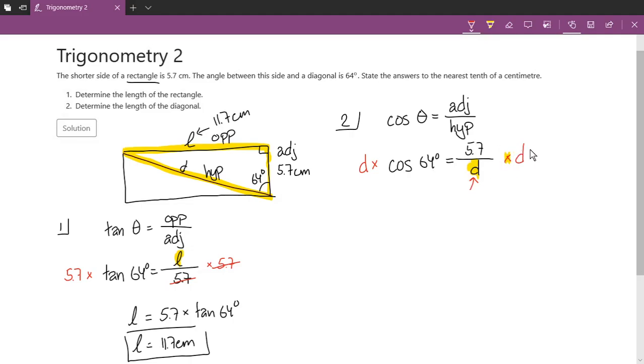On the right-hand side, D divided by D just cancels, and now we're left with D times cosine 64 degrees equals 5.7. To get D on its own, all we have to do is divide both sides by cosine of 64 degrees.